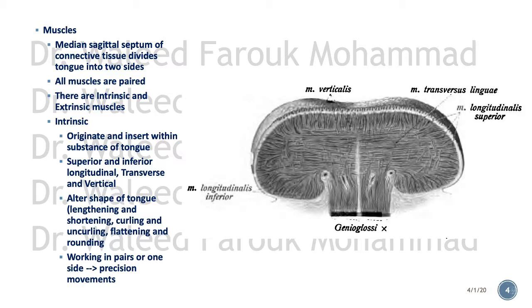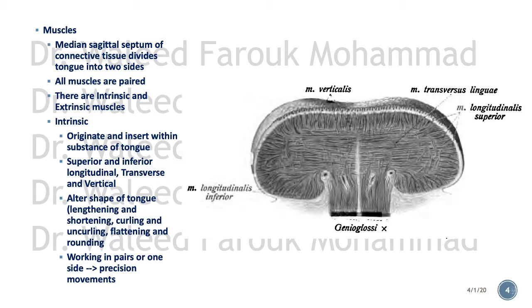Now, the muscles of the tongue are classified into extrinsic and intrinsic muscles. Extrinsic muscles originate from outside the tongue, another area than the tongue, and insert into the tongue.